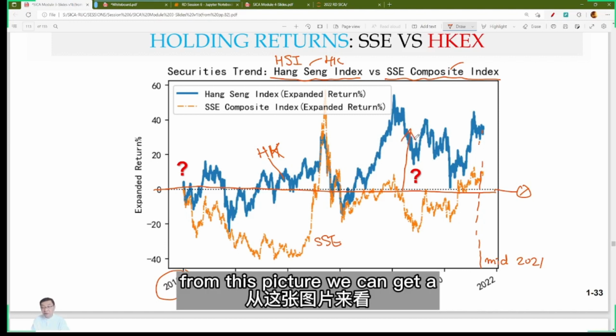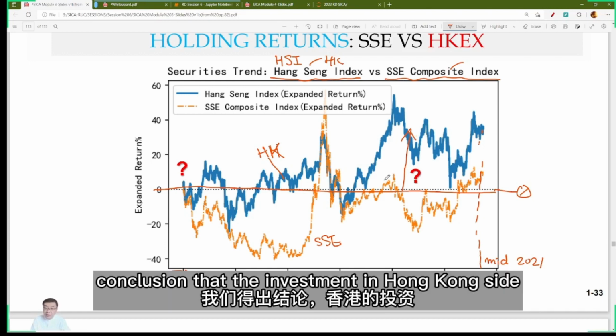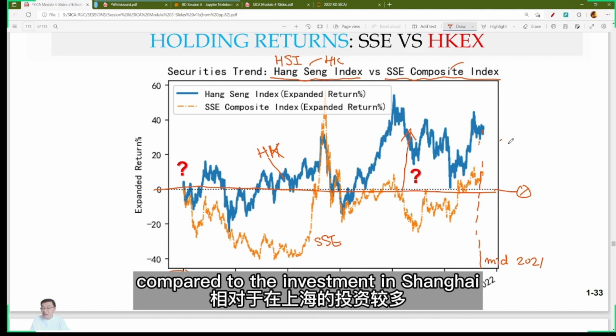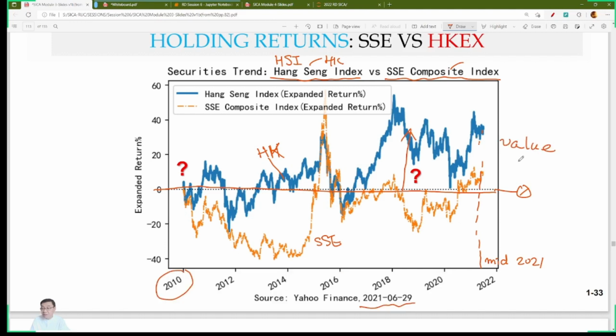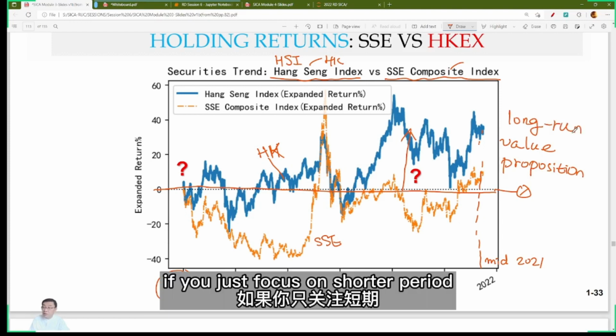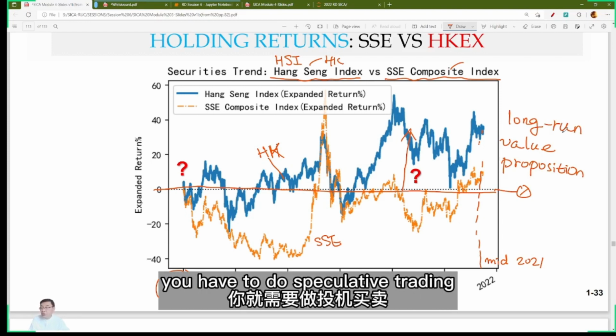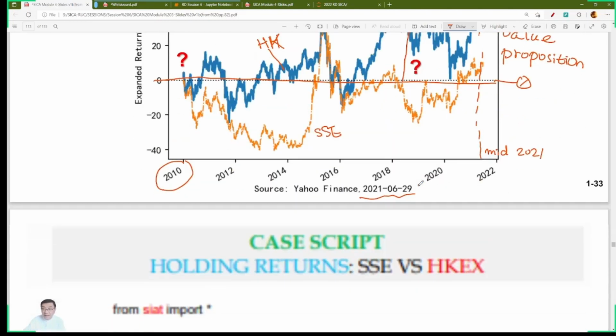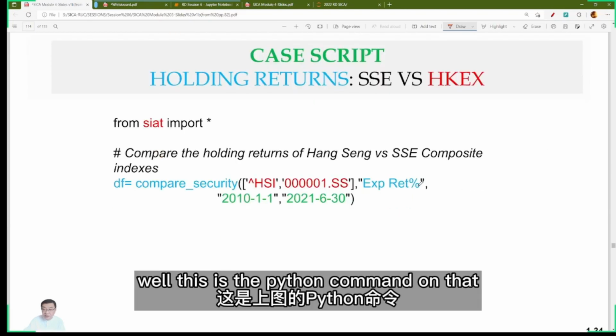So from this picture, we can get a conclusion that the investment in Hong Kong side, from long run perspective, has a little more value proposition compared to the investment in Shanghai, right? But only from long run. If you just focus on short-term period, you have to do speculative trading. Well, this is the Python command on that.